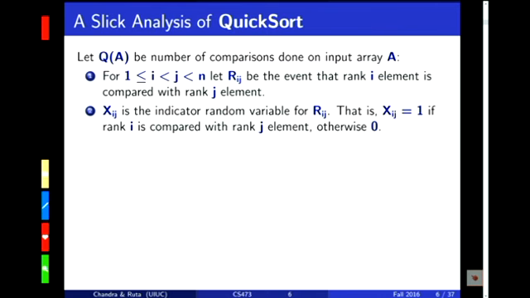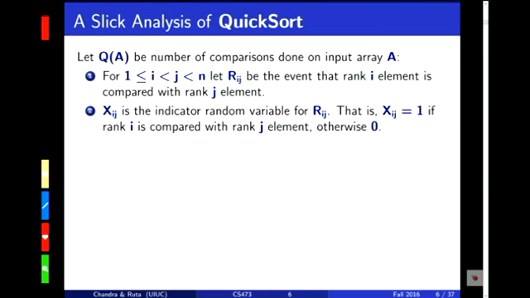Somewhat around the middle, like between n over 4 and 3n over 4, is good. Some constant fraction is good. Around the middle is good enough. So that is the intuition for why you would get n log n.